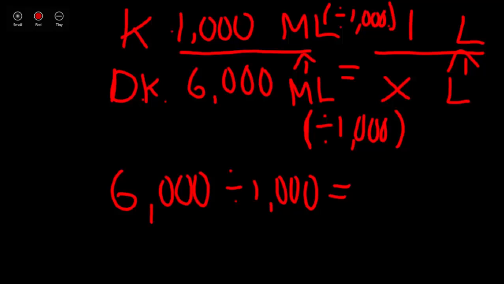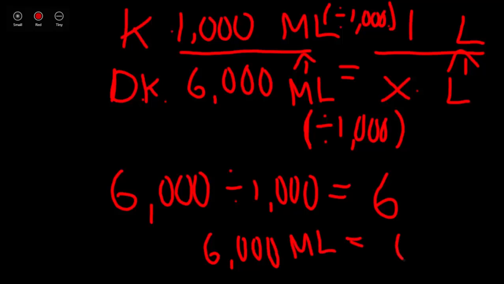A lot of the times when we're converting, you're going to be able to use a calculator. This one you shouldn't need it for. You should be able to tell right away that 6,000 divided by 1,000 is 6. So then we know our x, or our variable, will equal 6. So 6,000 milliliters is equal to 6 liters.